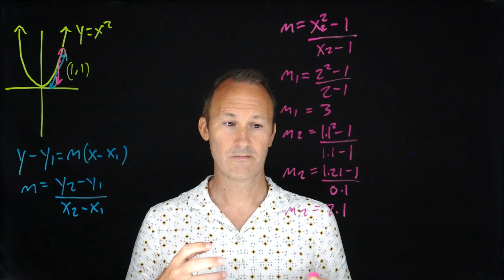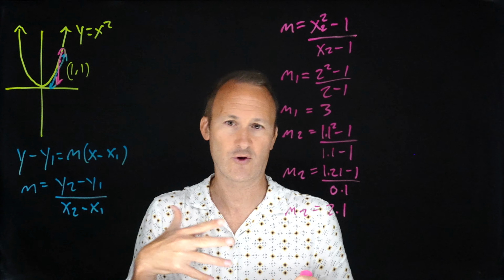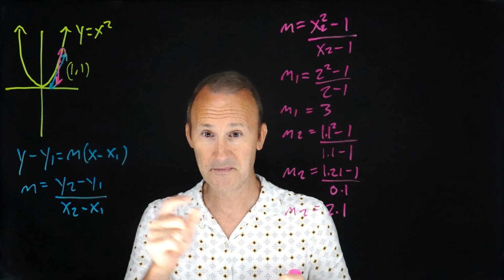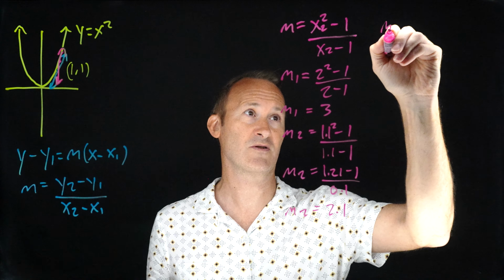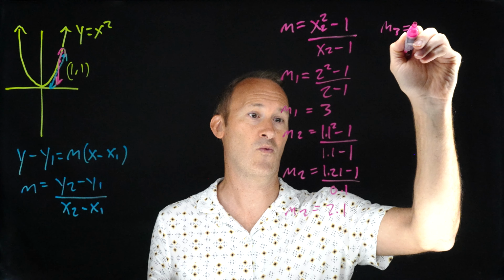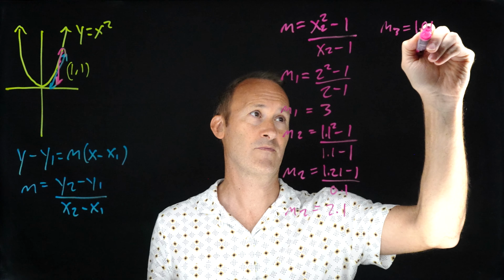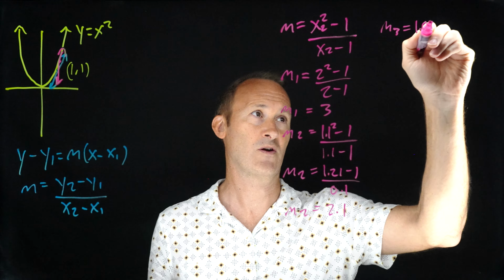Can we do better? Certainly, 1.1 is not the closest number to 1. There is no closest number to 1. So to get a little bit closer, how about we try 1.01? Okay, so we're going to square 1.01, and let's see what we get.